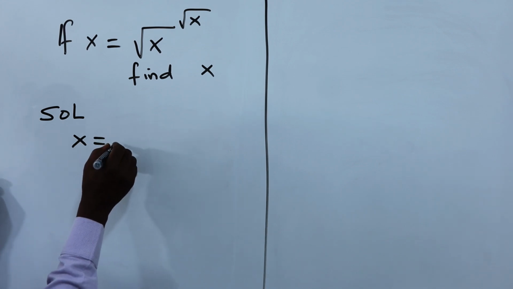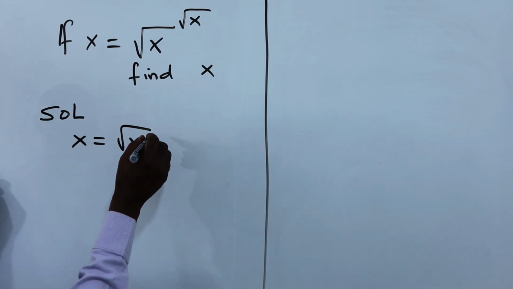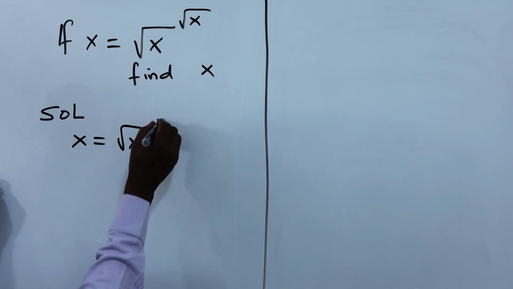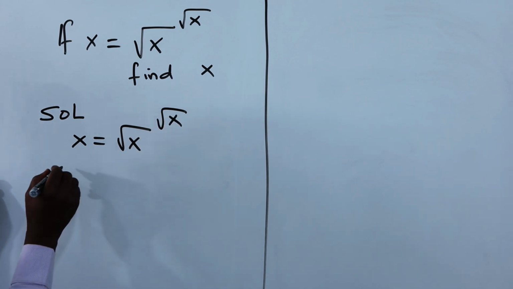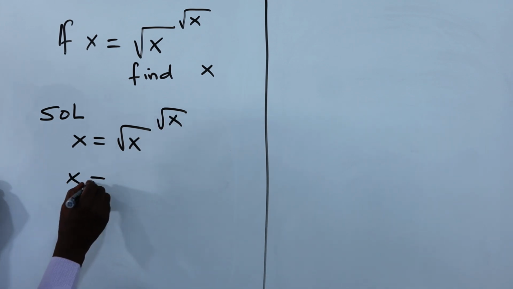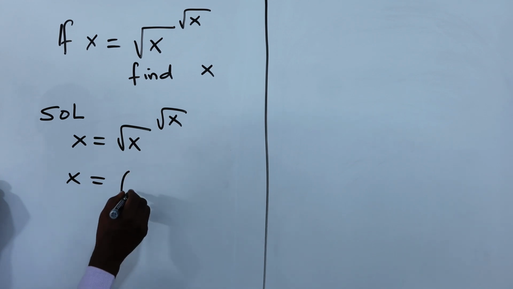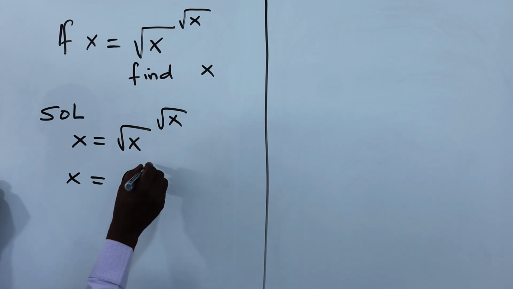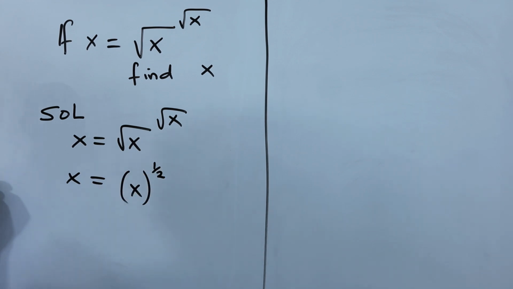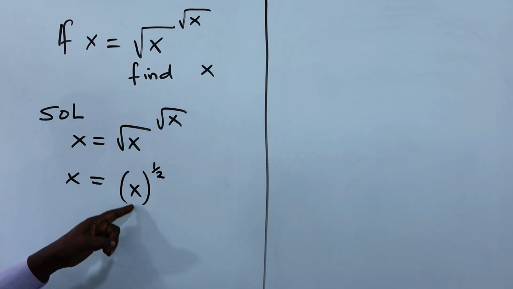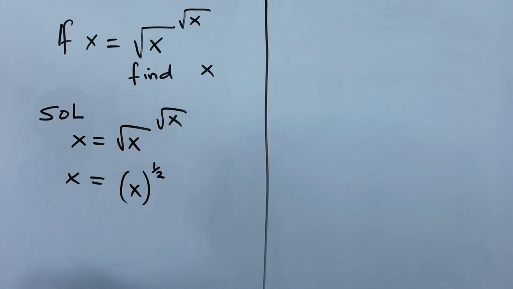Given that x is equal to square root of x raised to power square root of x, we have that x is equal to, wherever we see square root, we write that expression as power half. The square root of x means x raised to power half.